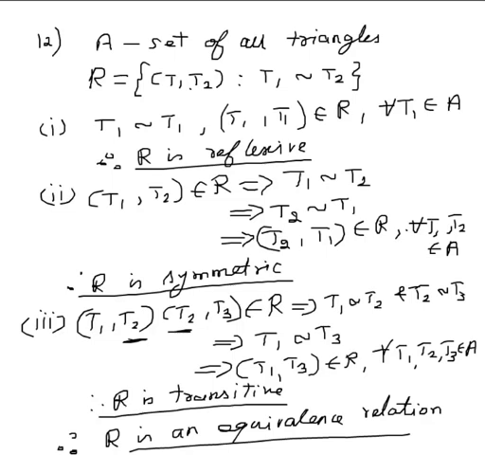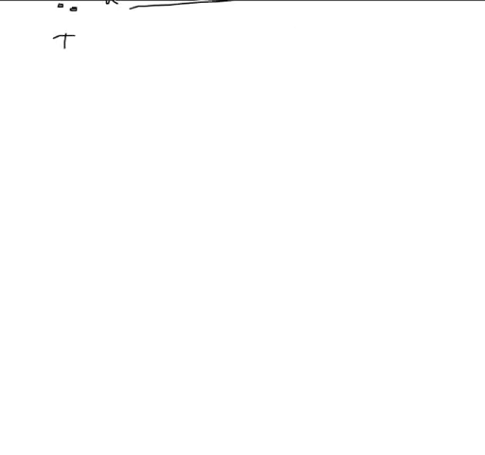Now the second part of the question is, they have given three triangles. T1 is a triangle with sides 3, 4, 5, T2 has sides 5, 12, 13, and T3 is the third triangle with sides 6, 8 and 10. Which triangles among T1, T2, T3 are related?